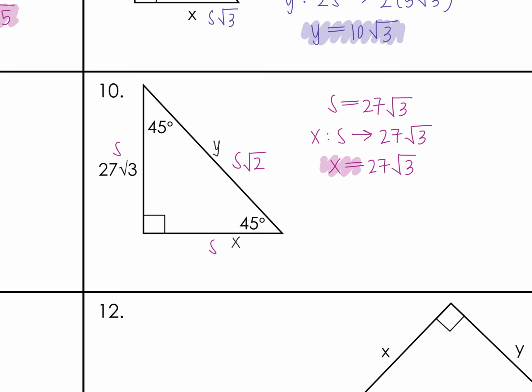And then for my y here, I'm going to take my s and multiply it by that root 2. So we'll get 27 root 3 times root 2. And so my y is going to be equal to 27, and we'll multiply our inside times our inside. So 3 times 2 gives me 6. So 27 root 6.